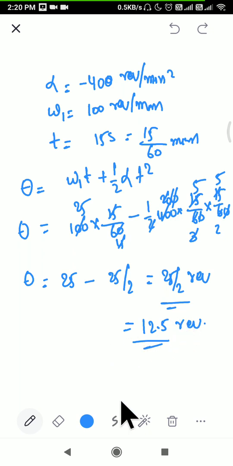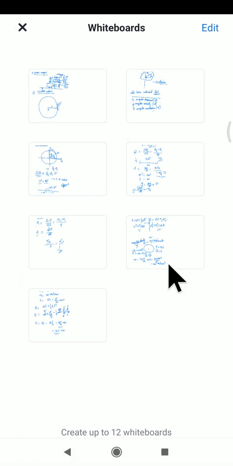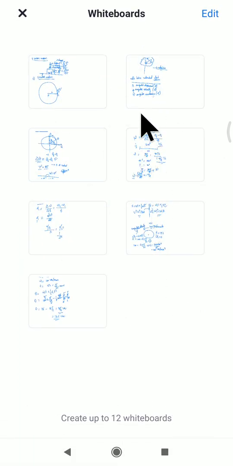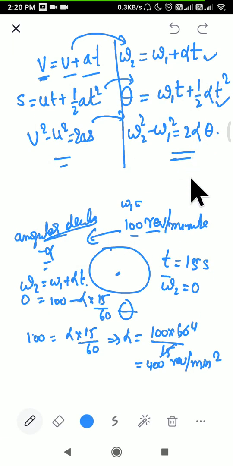Okay, understood, right? So this is how we will use these formulas. These three formulas we will use and find out like that. We can also directly use this formula. Final is 0 and initial is omega 100, and alpha we found as 400 or minus 400, right?